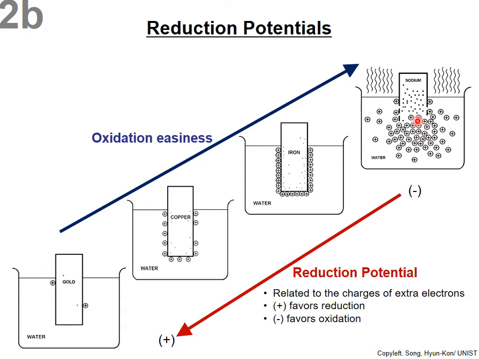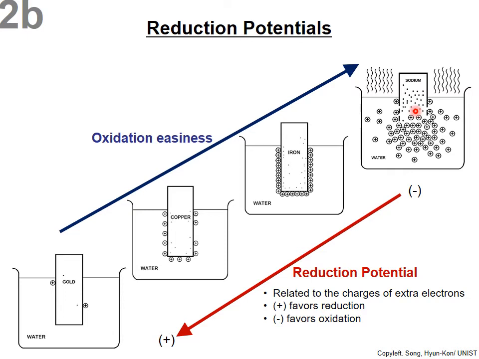So let me count the number of extra electrons in the body, and the reduction potential would follow this number of extra electrons. Again, let me say 2 electrons. It means 2 minus, maybe, schematically, and 10 minus for copper, 20 minus iron bar, and 100 minus sodium metal.